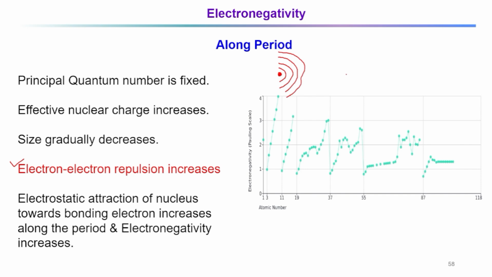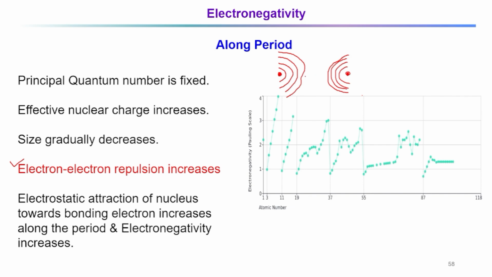And this is the nucleus of atom B. Here the principal quantum number is fixed, so the number of shells is fixed. It will have the same number of shells, but you see the size is smaller. As we go along the period, the size becomes smaller.